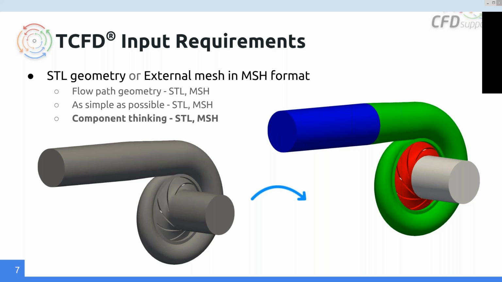Then you should think in components, following the component thinking which Oliver has already shown us. Your geometry can be split into rotors and stators, volutes, pipes, impellers, propellers, and all these parts. These parts are defined separately and then put together to define the rotating and non-rotating parts properly.